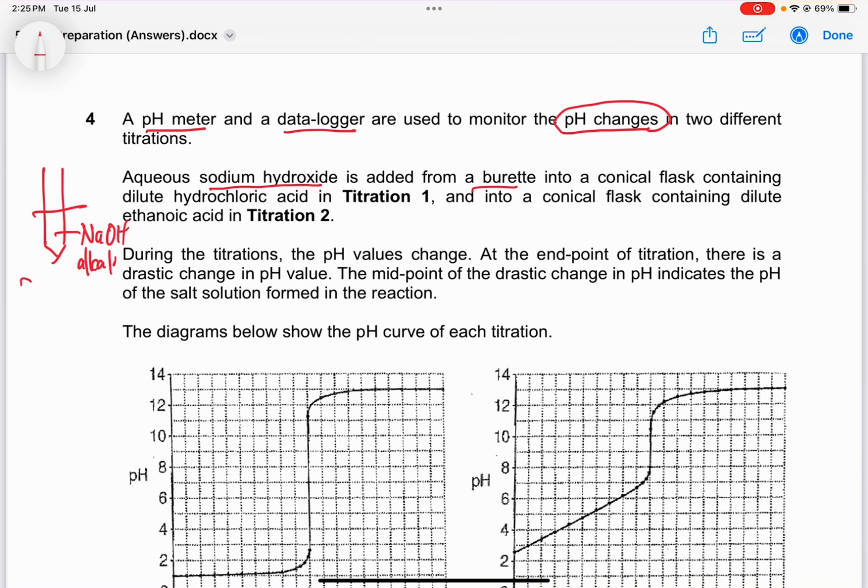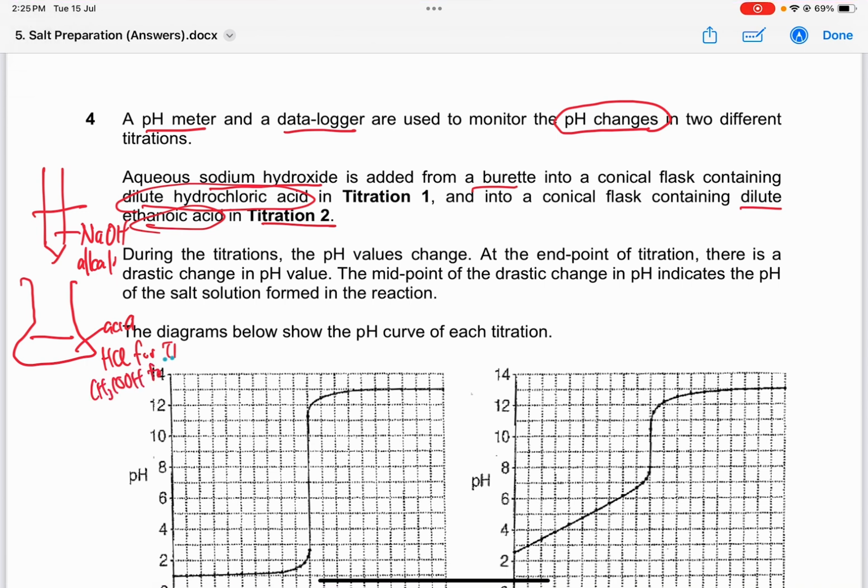The conical flask contains my hydrochloric acid. Okay, the conical flask contains my acid. Titration 1 contains dilute hydrochloric acid, so HCl, let's call it T1. Dilute ethanoic acid in titration 2. So I know that ethanoic acid is CH3COOH for T2.